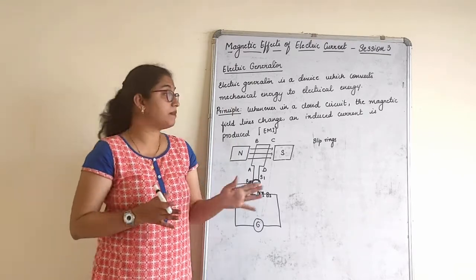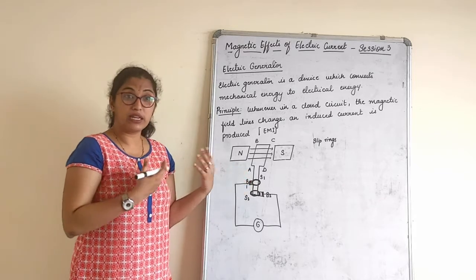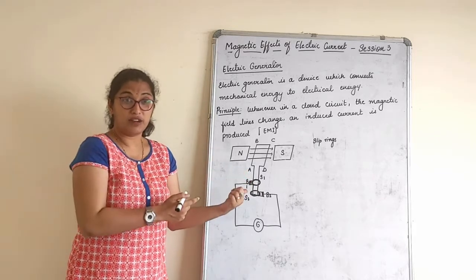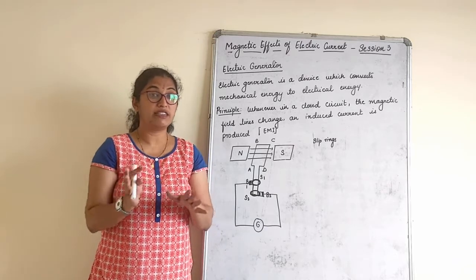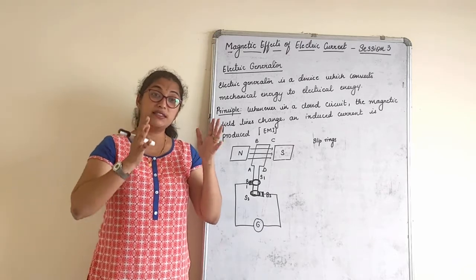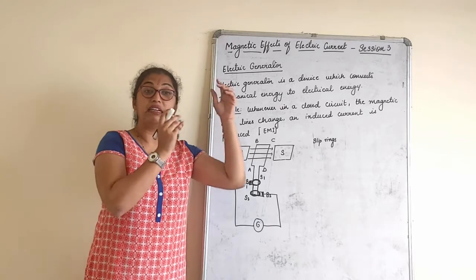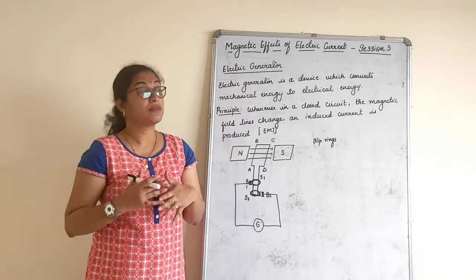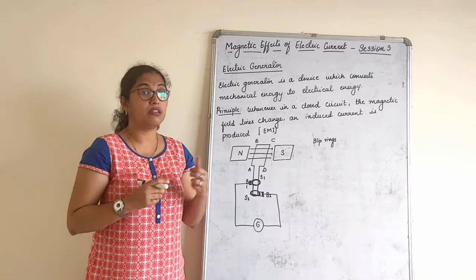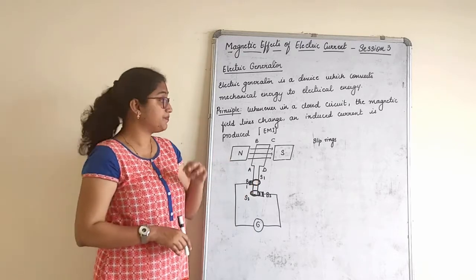That thing you should keep in mind. This generator is not something which works in your home. We are not generating electric current, remember. Where is this current electricity generated? In the power station. So this phenomenon actually works there. We will understand how it works in a small manner.